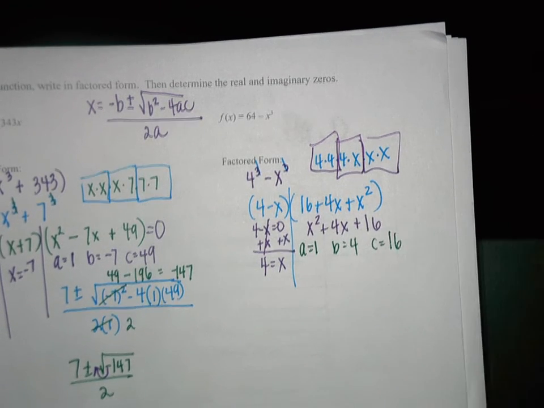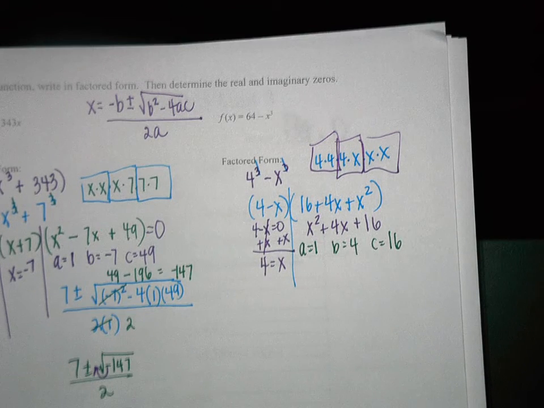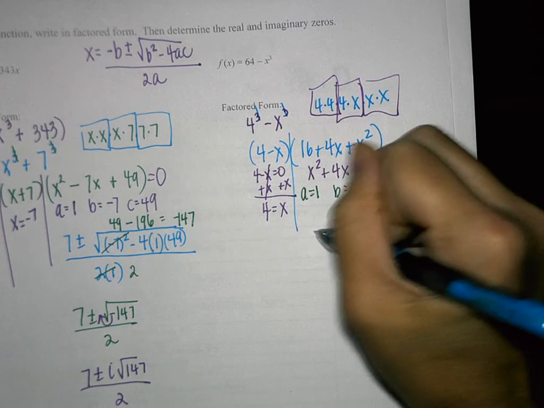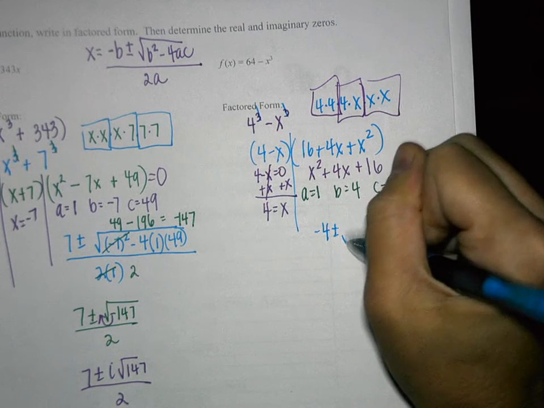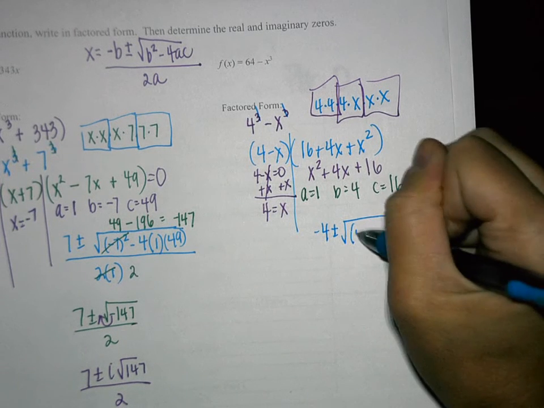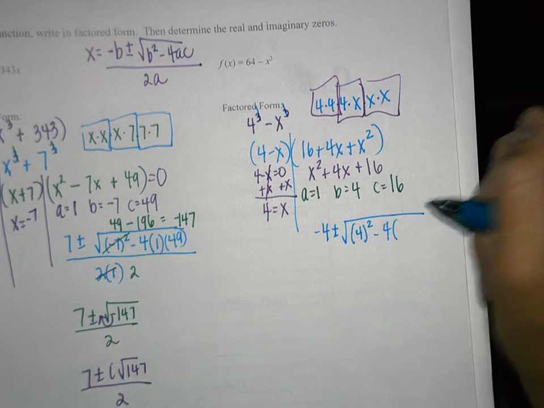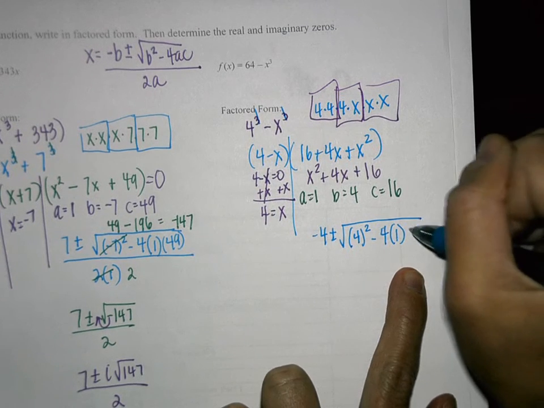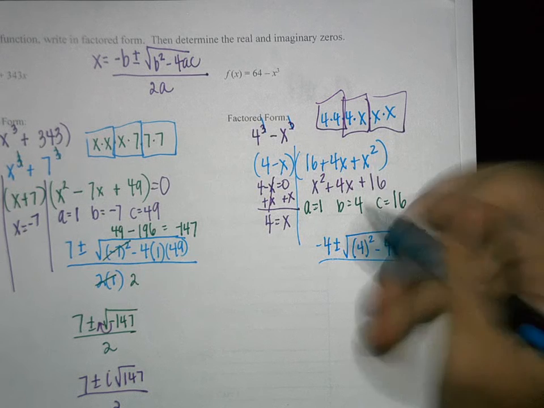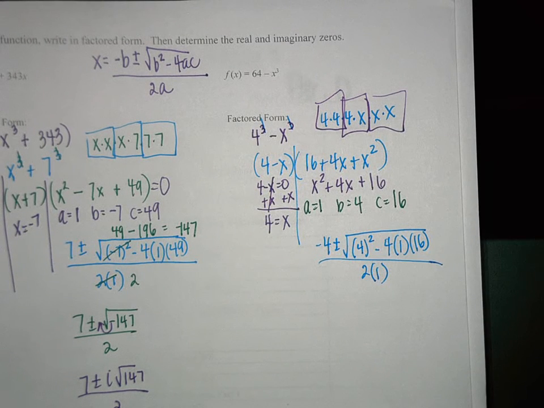So when we are solving this one using our quadratic formula, what will be my negative b value? Negative 4 plus or minus the square root of, good, 4 squared minus 4 times 1 times 16, all divided by 2 times 1. Okay.